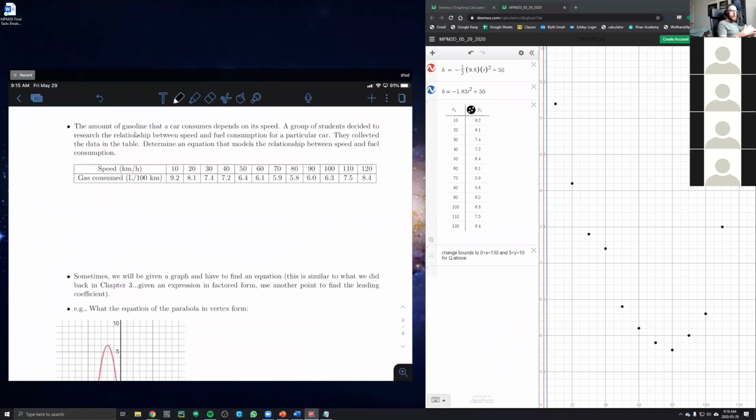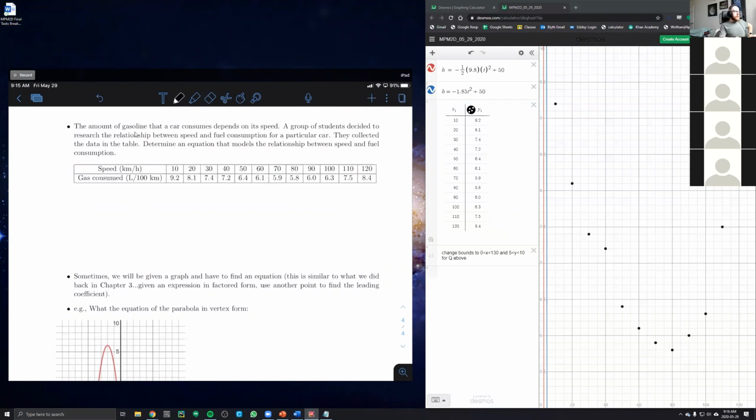We're doing a little bit of research on fuel consumption. Okay, so a group of students are deciding to research the relationship between the speed at which you drive and the fuel consumption for a particular car. So essentially, I guess you guys are all about to get started with driving, I would imagine, maybe this summer, pretty shortly.